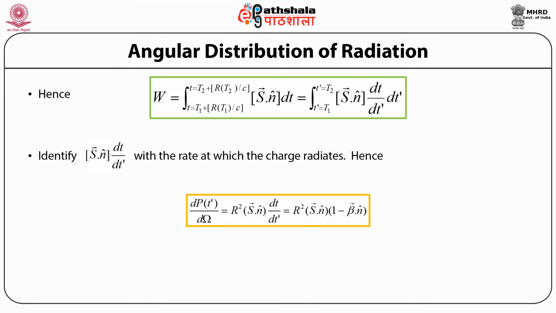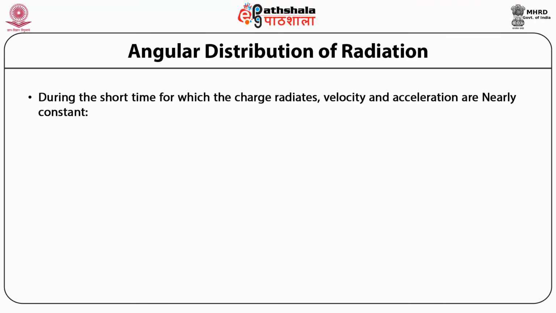If the charge is accelerated for a short time, during which beta and beta dot are essentially constant in direction and magnitude, then far away from the particle, n cap and beta are also constant during the period of acceleration.